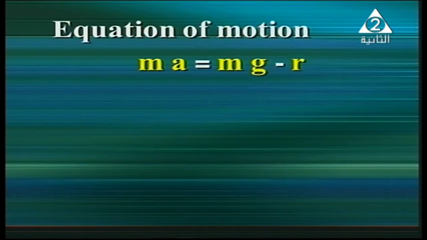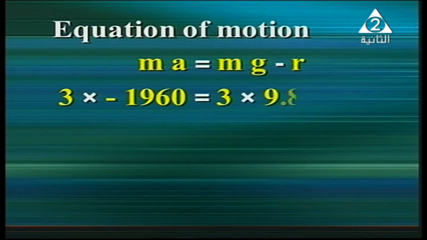Equation of motion is ma equals mg minus r. By substitution, m is 3, a acceleration negative 1960 equals mg, 3 times 9.8, minus r resistance. What is the resistance of the sand?